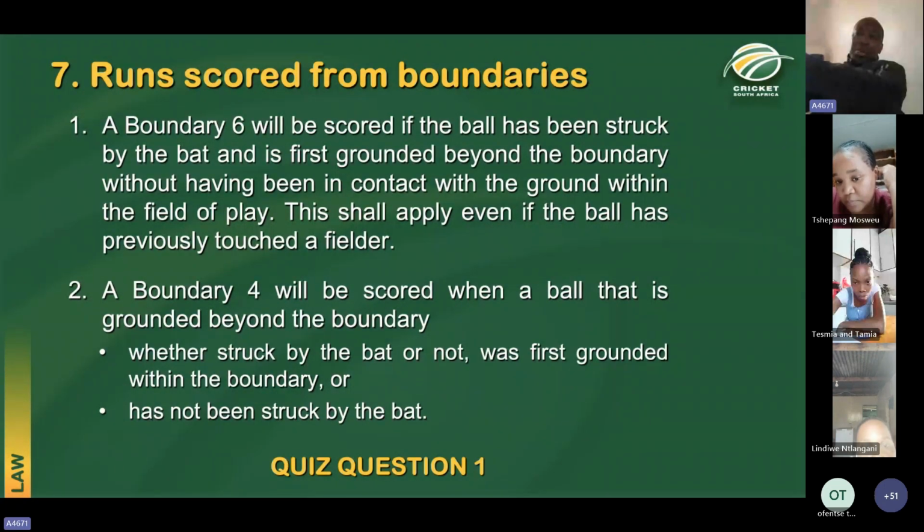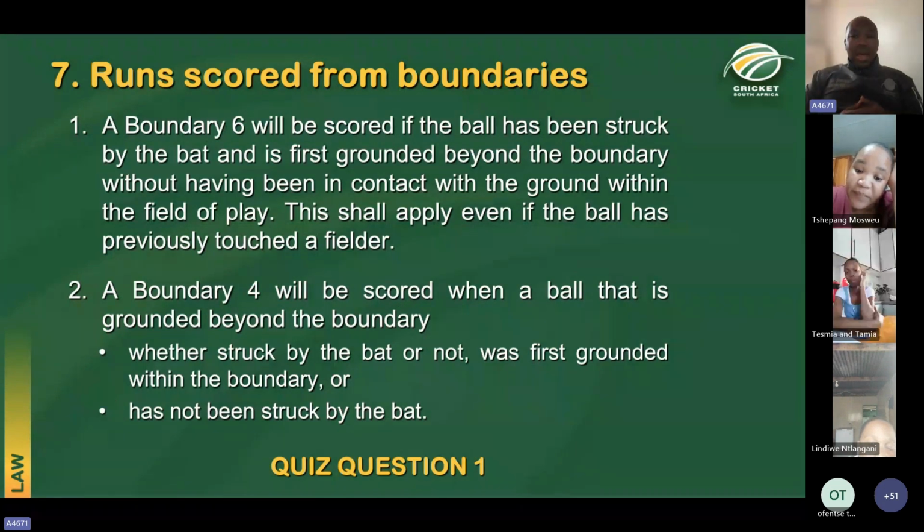The striker tries to play a shot, misses it with both bat and gloves, and the ball hits the helmet and flies over the boundary into the stands without being grounded within the field of play. So which two signals does the bowler's end umpire make for this incident?